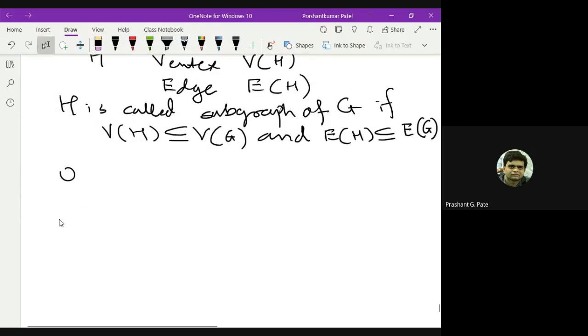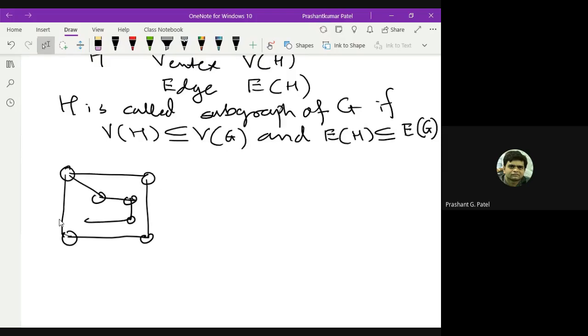Let us see the example. Let us consider this is a graph. So these are the vertices. There are 8 vertices.